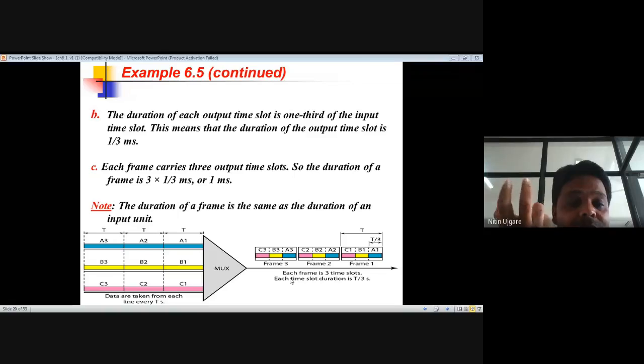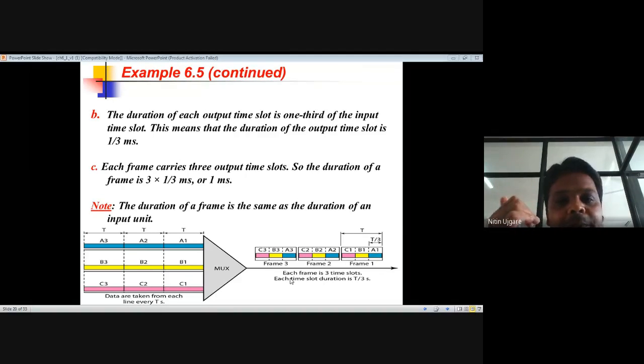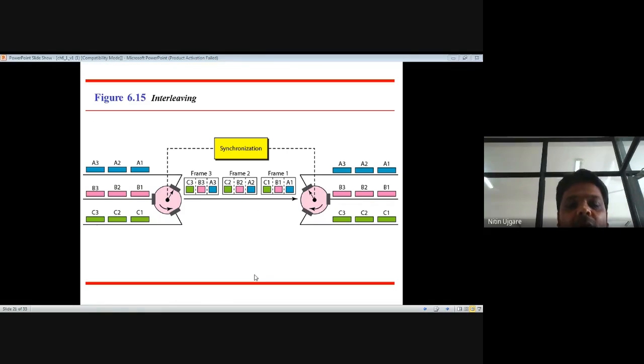Okay, sorry, the duration of the frame, not the output slot. So I hope you understand. Any difficulty in understanding this? Then we'll go to interleaving.